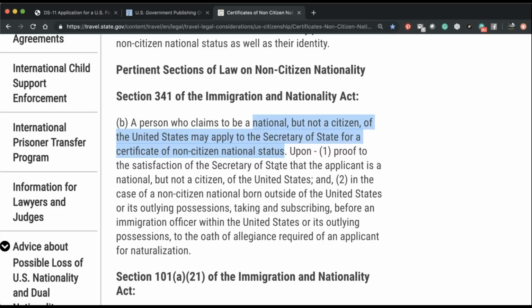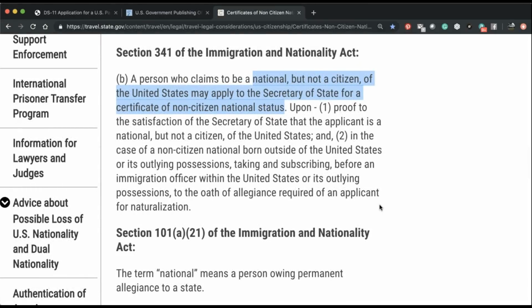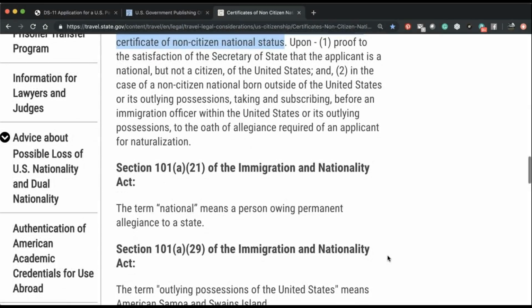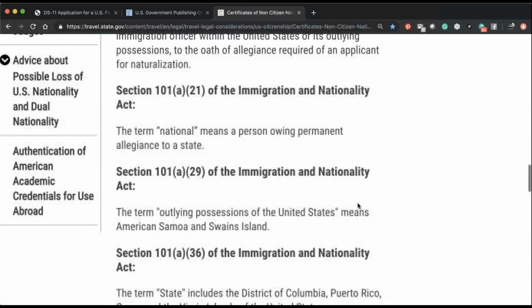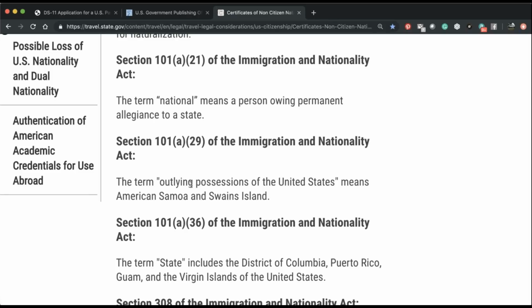Now let me keep going. Upon proof to the satisfaction of the Secretary of State that the person is a national but not a citizen of the United States, and in the case of a non-citizen national born outside the United States or its outlying possessions, taking and subscribing before an immigration officer within the United States or its outlying possessions to the oath of allegiance required of an applicant for naturalization. Section 101(a)(21) of the Immigration and Nationality Act: the term national means a person owing permanent allegiance to a state. Section 101(a)(29): the term outlying possessions of the United States means American Samoa and Swains Island.